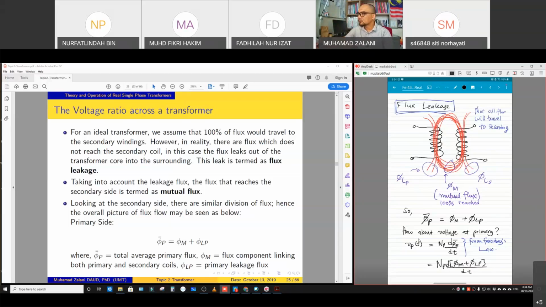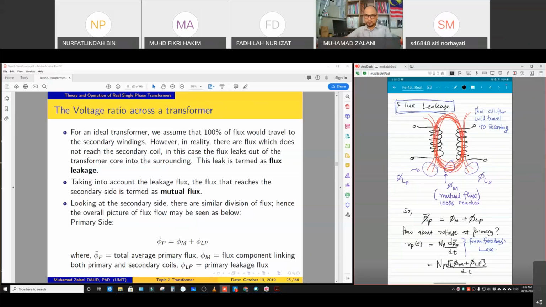Okay, so we can say that the average flux at the primary is basically not only the mutual flux but also the flux that has leaked. So average flux at the primary is equal to mutual flux plus leakage flux at the primary.